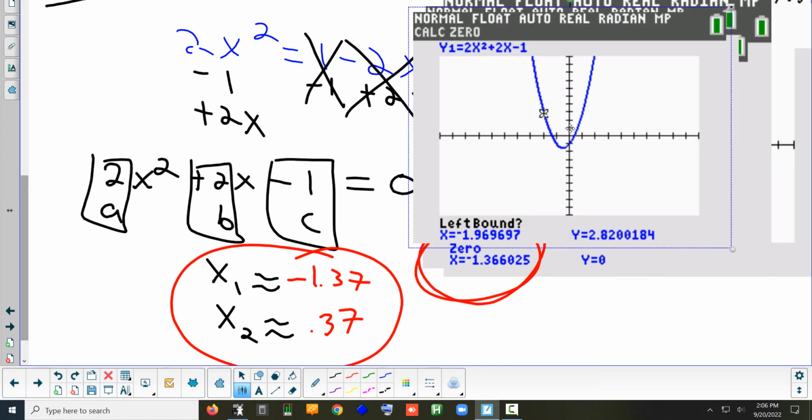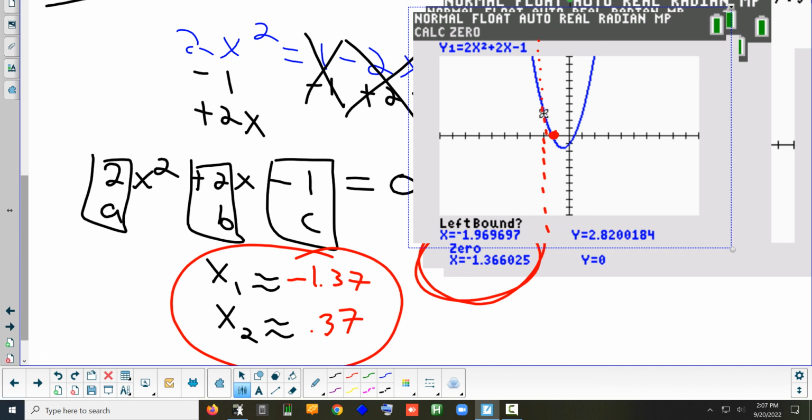Is that where you put it? It needs to be right about there. Because then when I hit enter, it's going to put a dotted line right here. What I'm trying to do is go to the left of this point a little bit and to the right of that point. Did it work that time? Yeah. Okay. Did anyone have any other question on that?